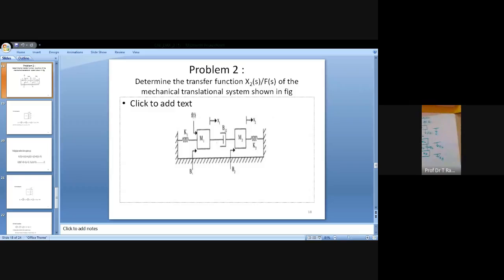So is it clear now? This is the diagram. Okay, this is the diagram.